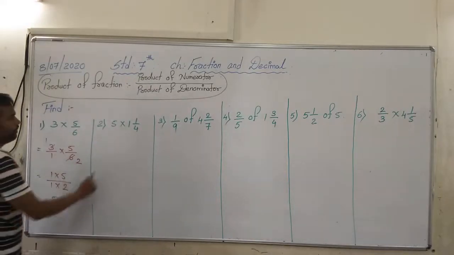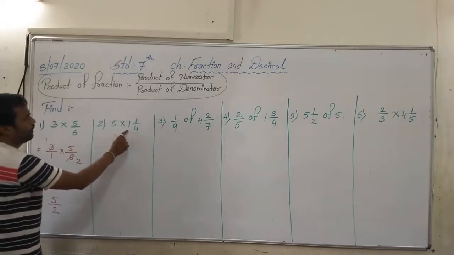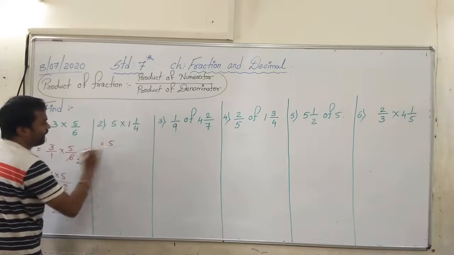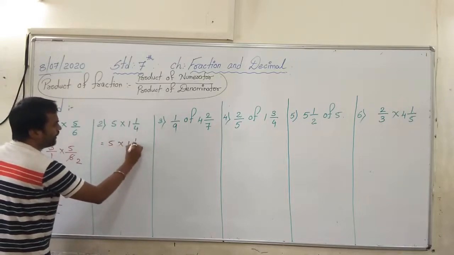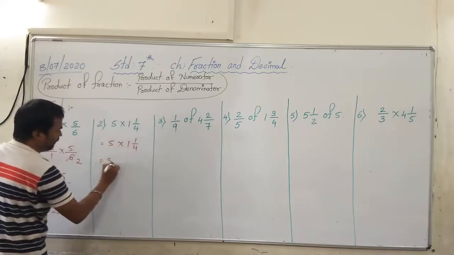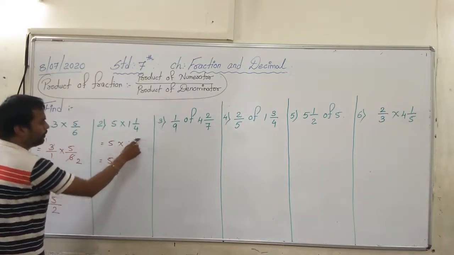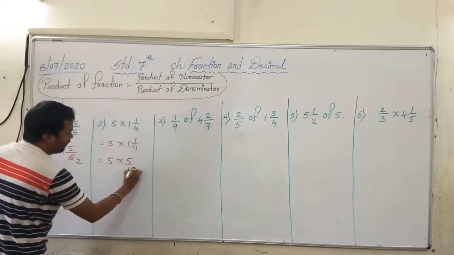Right? In second example, 5 is multiplied by 1 integer 1 upon 4. It can be written as 5 multiplied by 1 integer 1 upon 4, which is 5 multiplied by, convert it to improper, 4 ones are 4, 4 plus 1, 5, 5 upon 4.